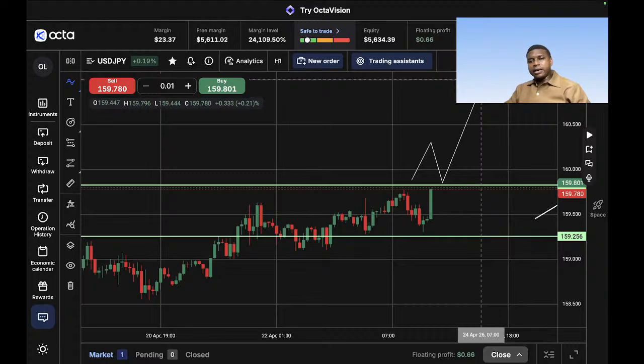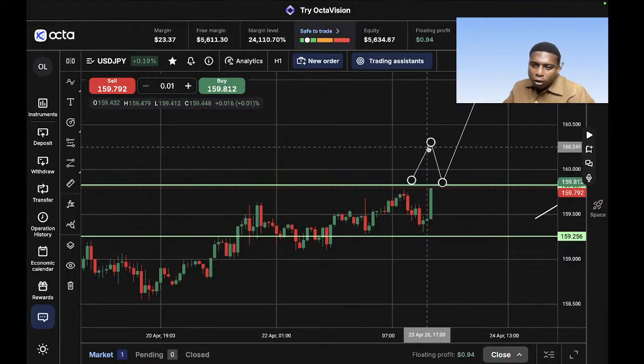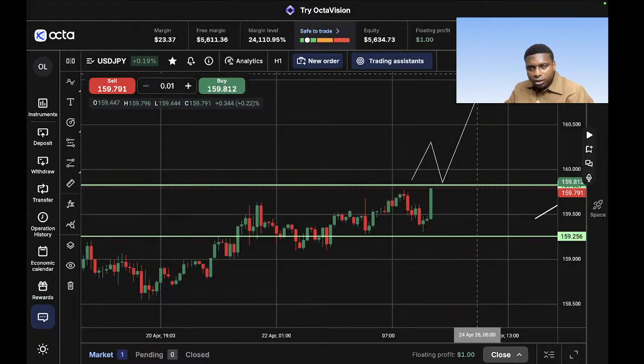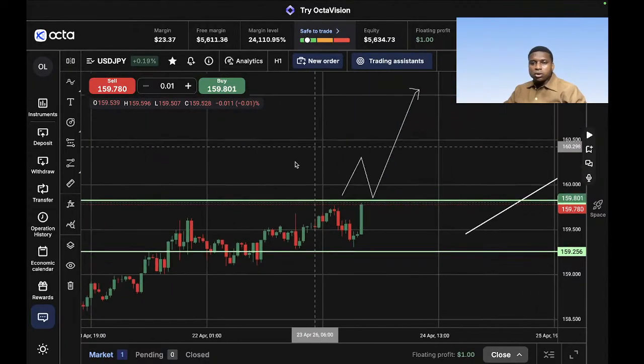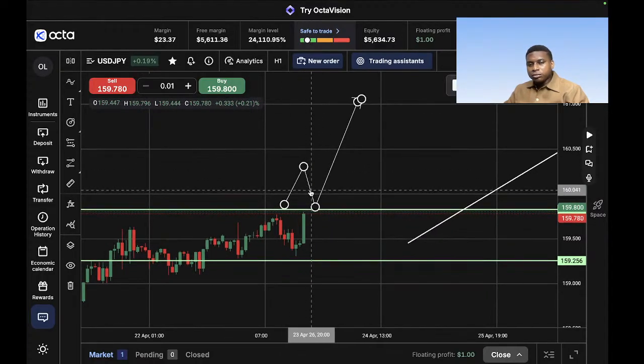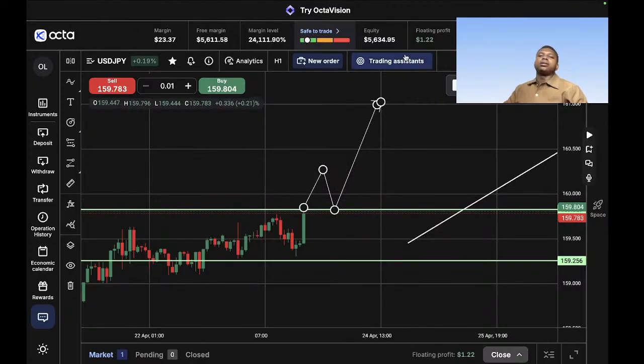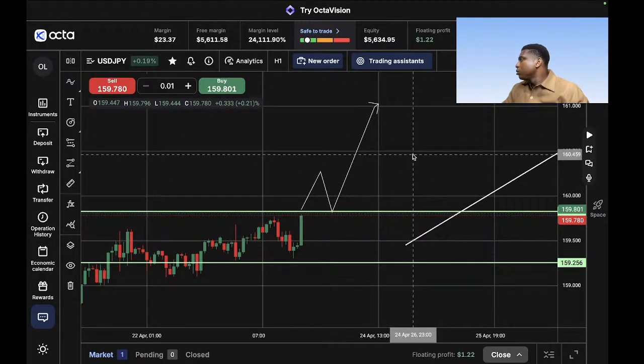Price moves up, comes down, then goes up. So I expect that price breaks out, then pulls back, then it continues to push.